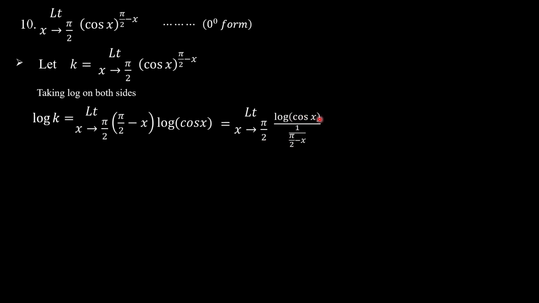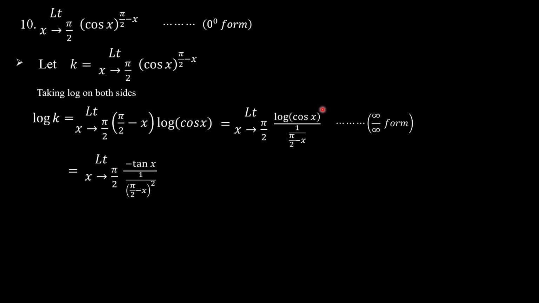But log of cos of pi by 2 is log 0, that is infinity, and 1 by 0 is also infinity. So that we will get it as infinity by infinity form. Therefore, by L'Hospital rule, log k is equal to limit x tending to pi by 2.